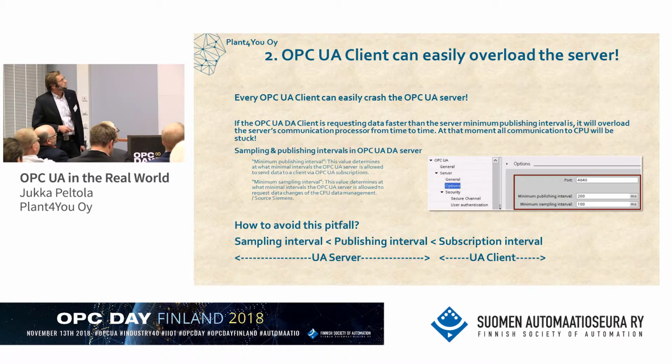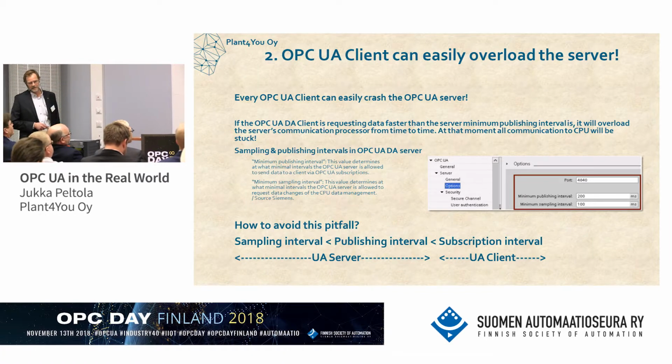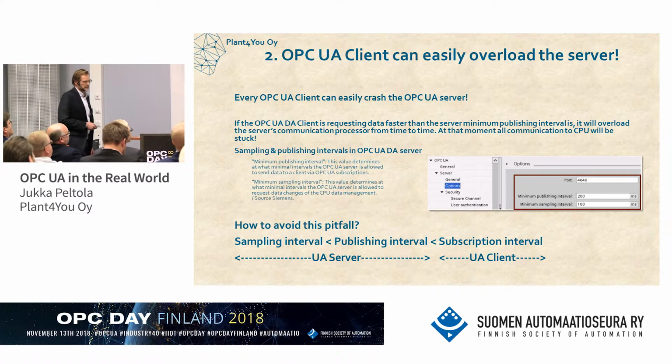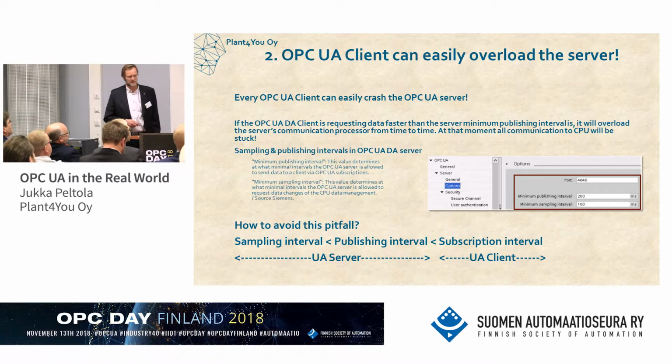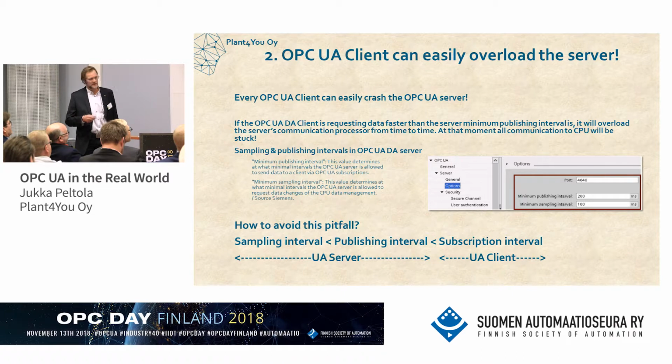Then we also found this, that if the OPC client is requesting data much faster than the OPC UA server can do, the publishing and sampling interval is on the server side, it can be that the communication processor on the server side will collapse. And then it is quite random, sometimes it works well and sometimes it is really jamming.